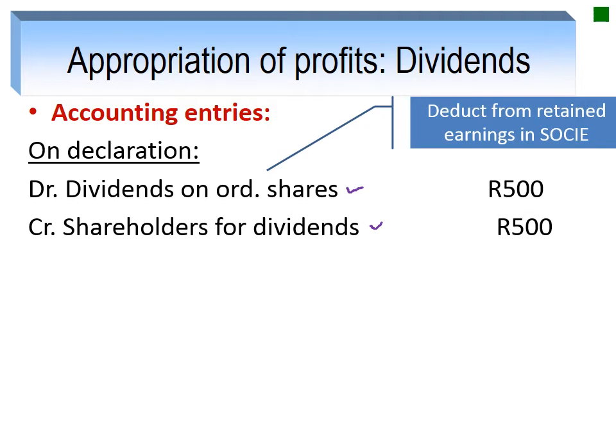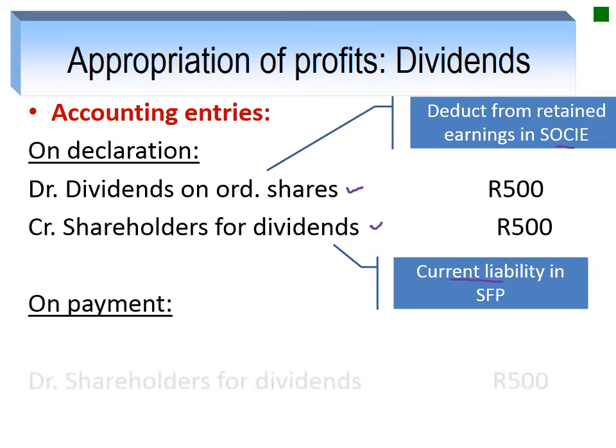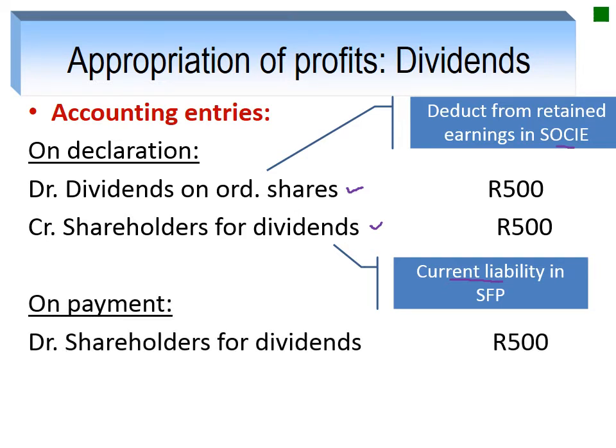So the 500 Rand will be deducted from retained earnings in the statement of changes in equity, and the other 500 Rand for shareholders for dividends will be shown as a current liability in the statement of financial position. Then when we make the payment, we will merely pay this account, the shareholders for dividend account. We'll settle it, and the credit side of the entry will be to bank.